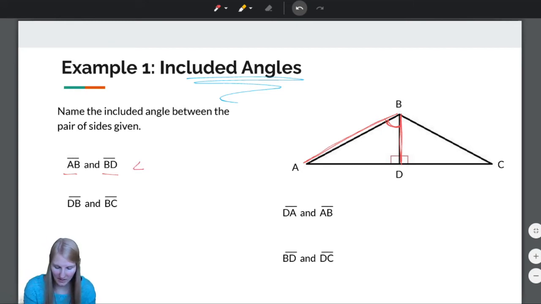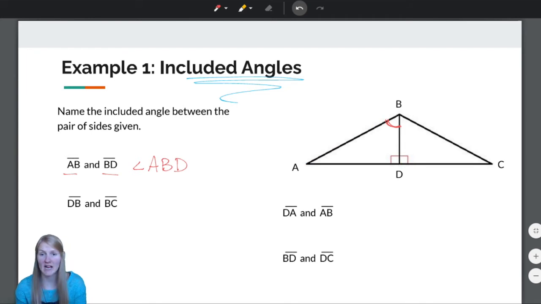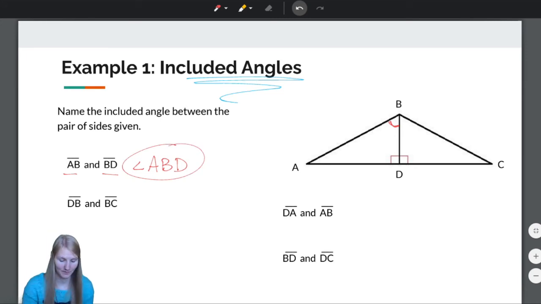So this is angle ABD. Remember, we can't just say angle B, because which angle B are you talking about? This one? This one? This one? We don't know what angle you're talking about if you say angle B. So you need to be very specific and say angle ABD.